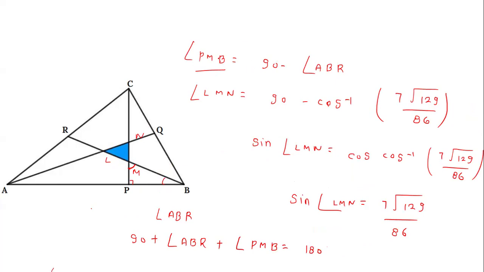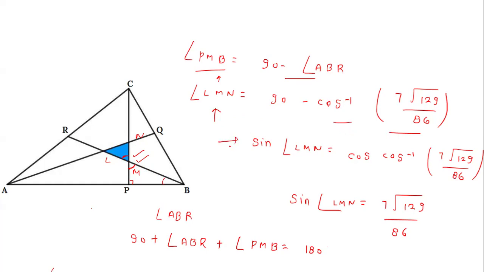So from here you can see that angle PMB is 90 minus angle ABR, and this angle PMB is the same as angle LMN, because these are opposite angles. So this angle is the same as this angle. And angle ABR we know is cos inverse of 7 root of 129 by 86.